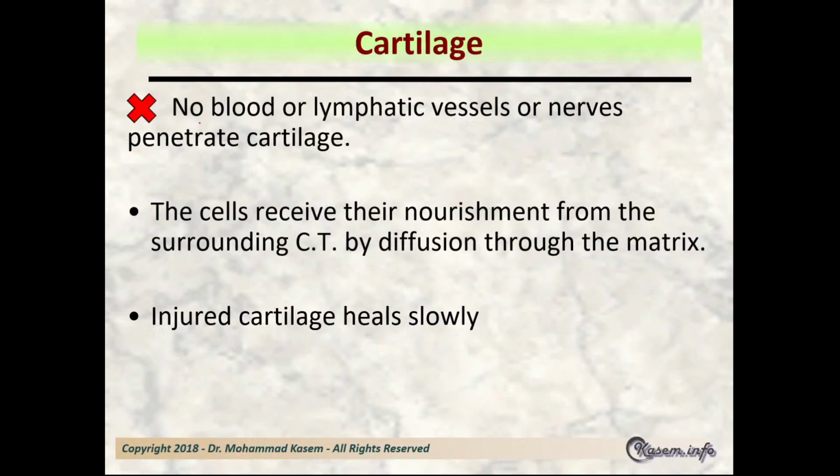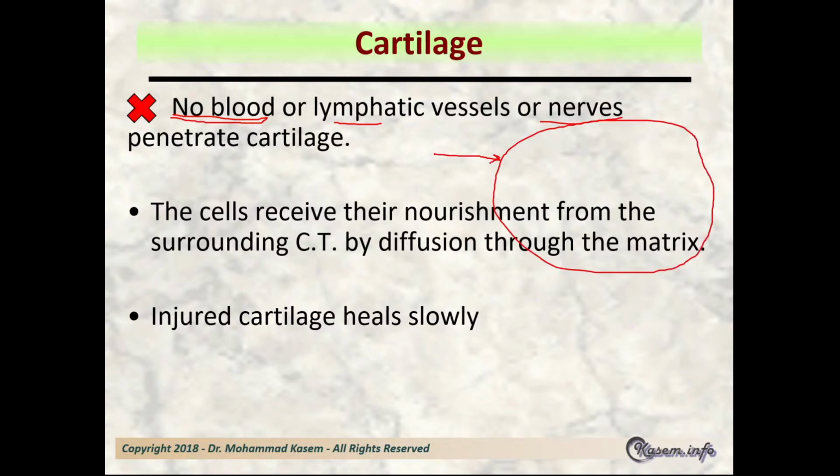So in the matrix of cartilage, we don't have blood vessels, we don't have lymphatics, we don't have nerves inside the matrix. But these components can be found in the surrounding layer of cartilage, which is called the perichondrium.